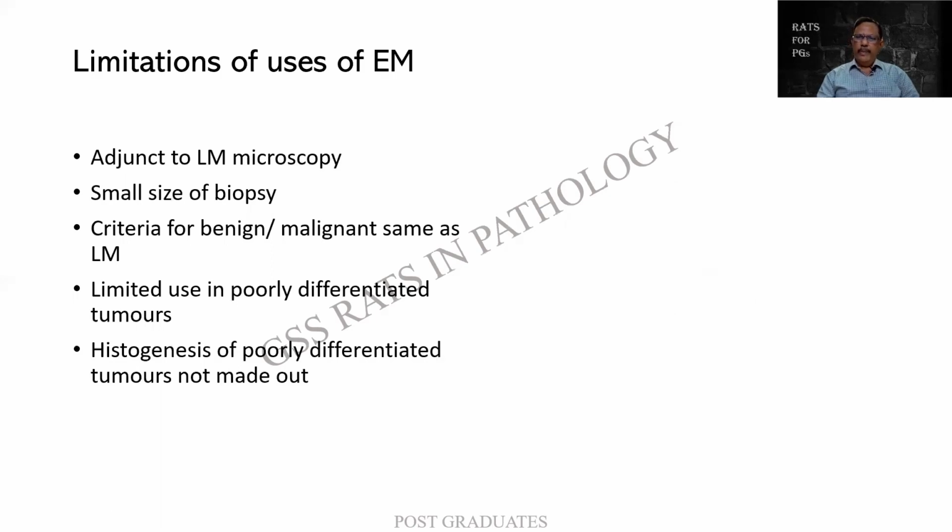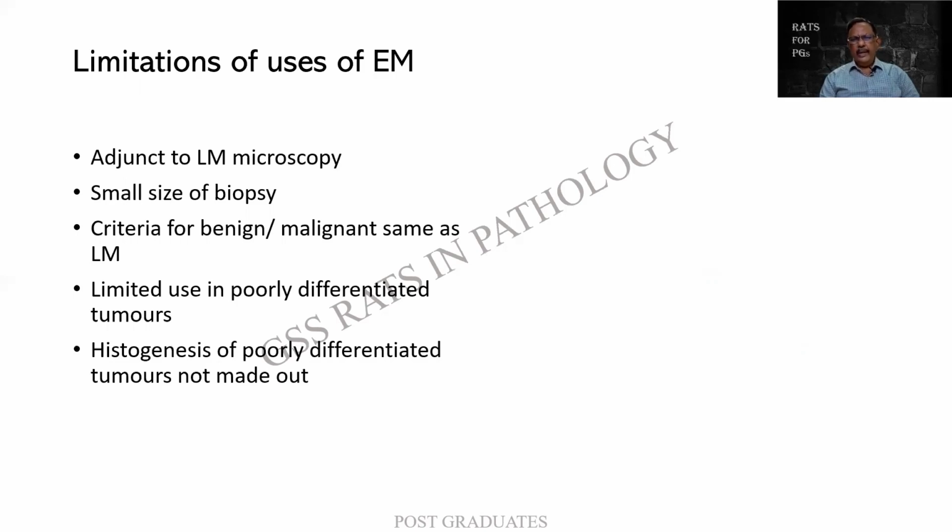The criteria for benign and malignant remain more or less the same as in light microscopy. And just like light microscopy or even IHC, the use is limited in the case of poorly differentiated tumors. Sometimes the histogenesis of poorly differentiated tumors may not be made out. These are the general limitations.